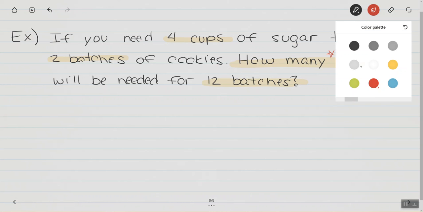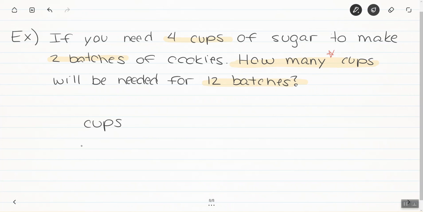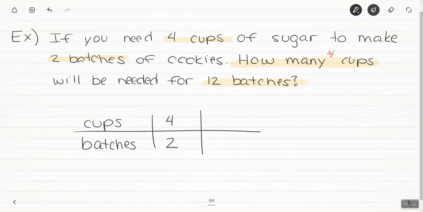So when you go to set up your ratio table, you're comparing cups to batches. So I know I need 4 cups to make 2 batches. They told me that in the first sentence. It's asking for how many cups, so this is your question, will make 12 batches.